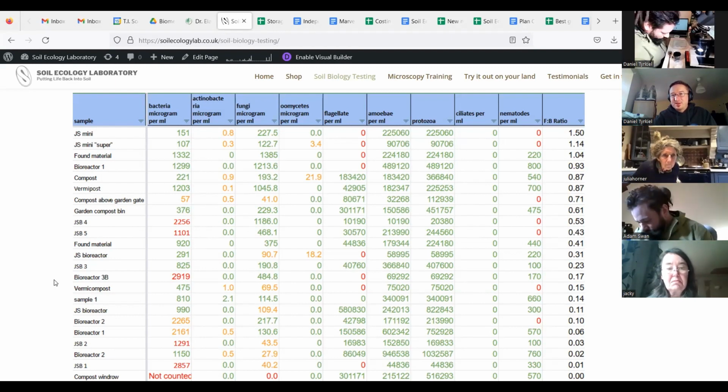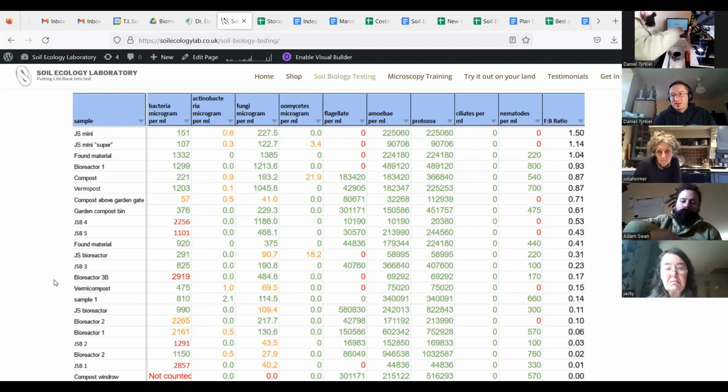And so those are the minimums. And then for protozoa, we're looking at a minimum of 10,000 protozoa, so combined amoebae and flagellates, per gram or per milliliter of soil or growing medium. And then we would like to have 100 nematodes.